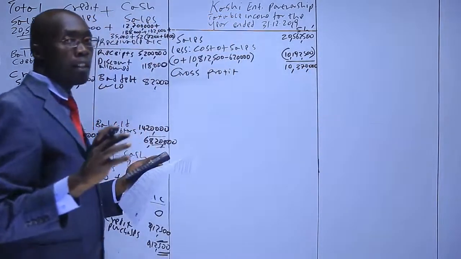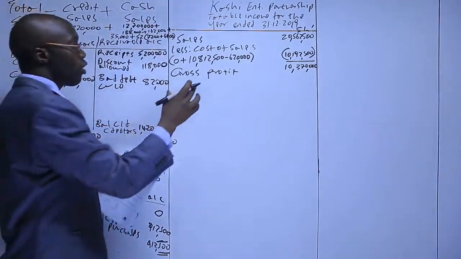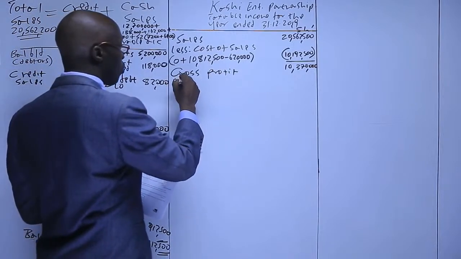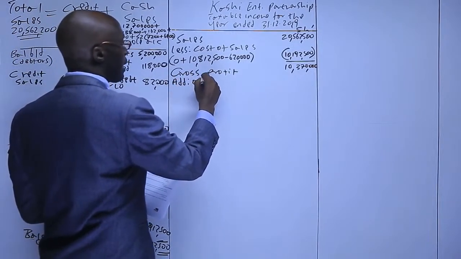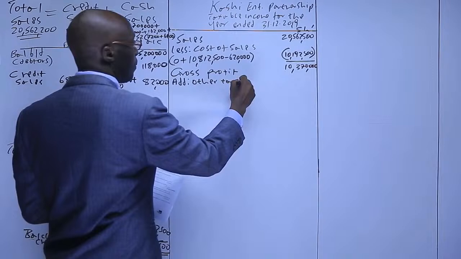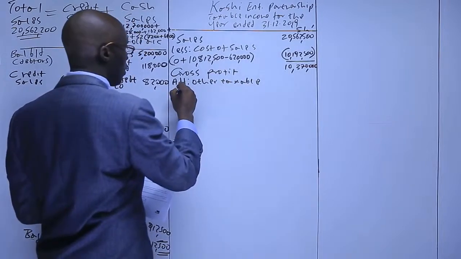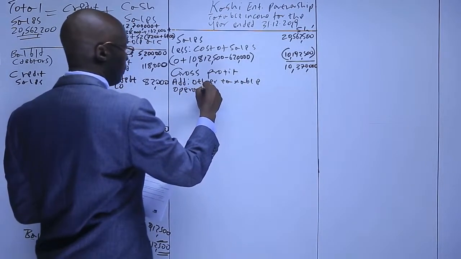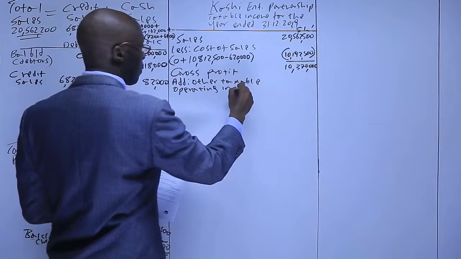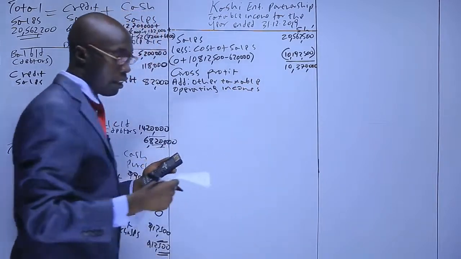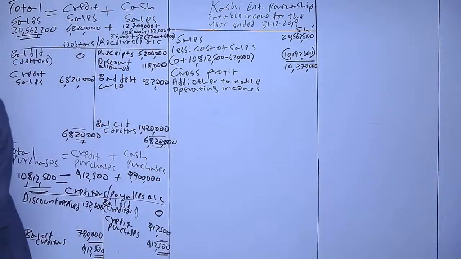Then after getting gross profit, and the reason why we call it the gross profit method is to add other taxable operating incomes. Other taxable operating incomes.